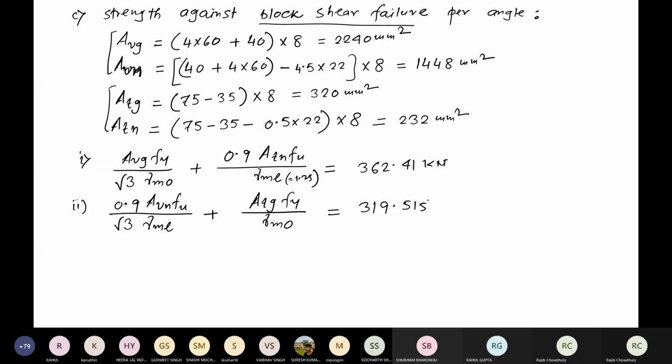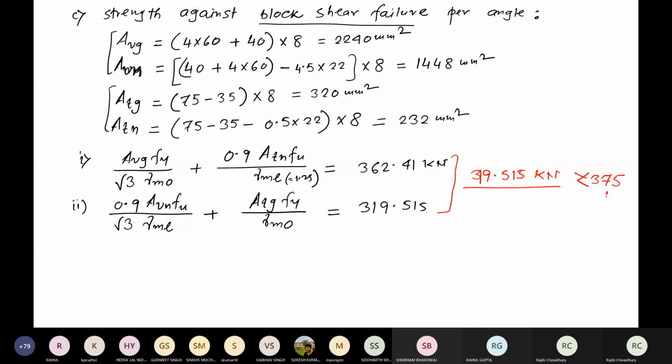Effectively your block shear strength becomes 319.515 kilonewton, which is obviously less than 375 kilonewton.